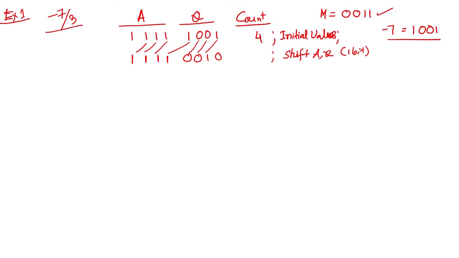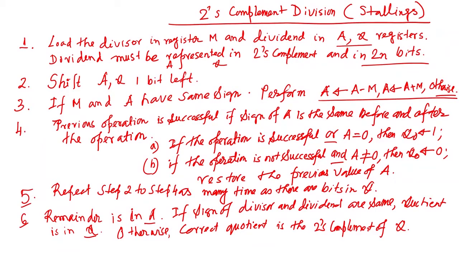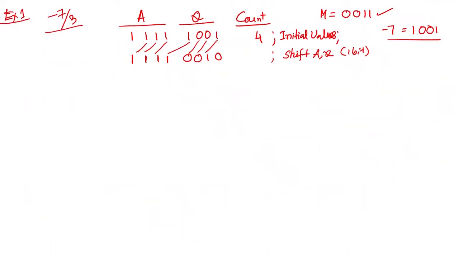What is the next step? If M and A have the same sign. So after shifting, what we are checking is whether this value is smaller than the divisor or not. M's sign is 0, A's sign is 1. So that is a different sign.